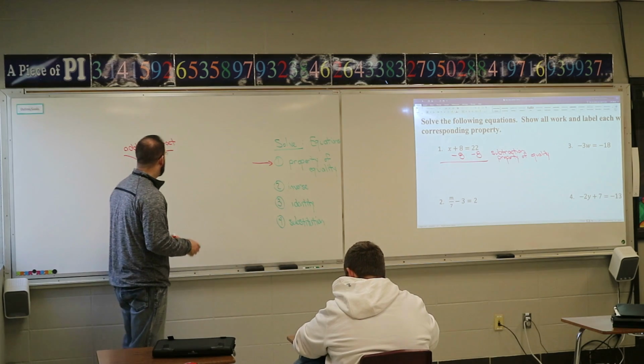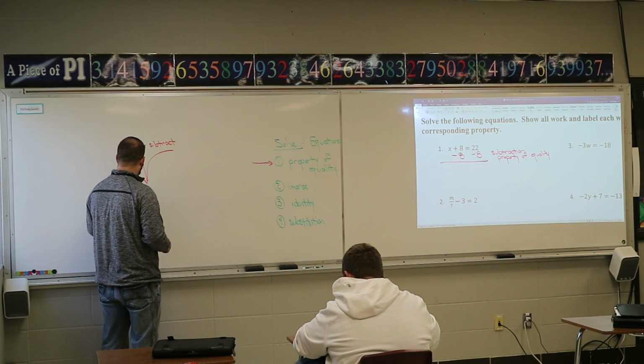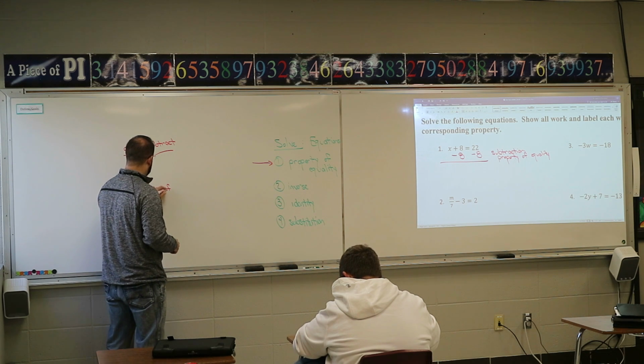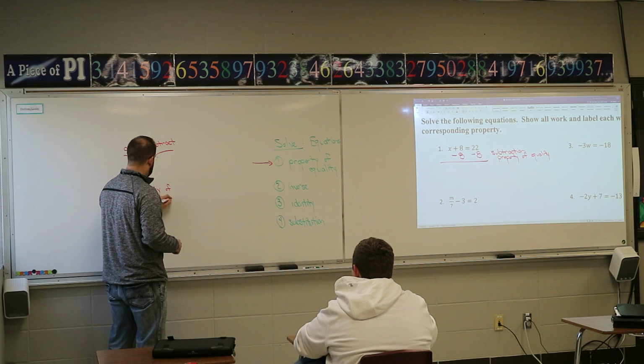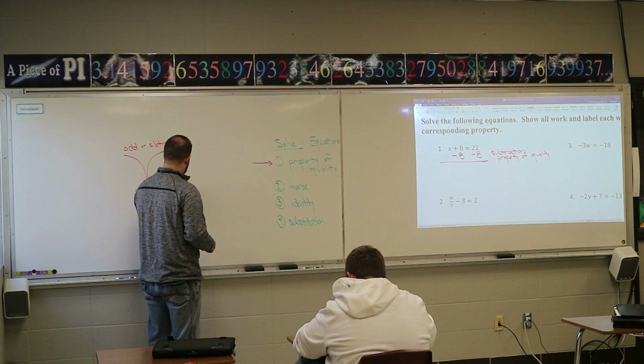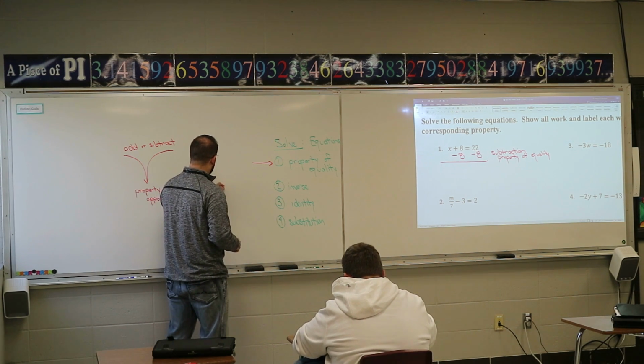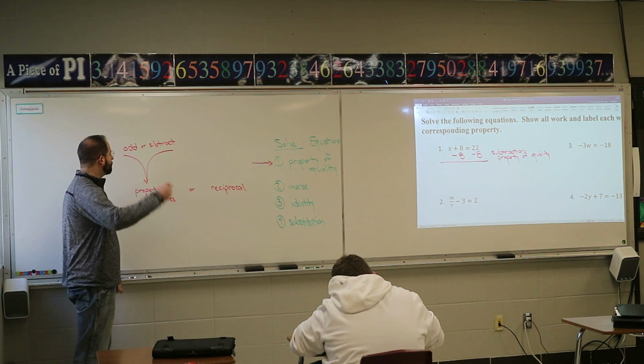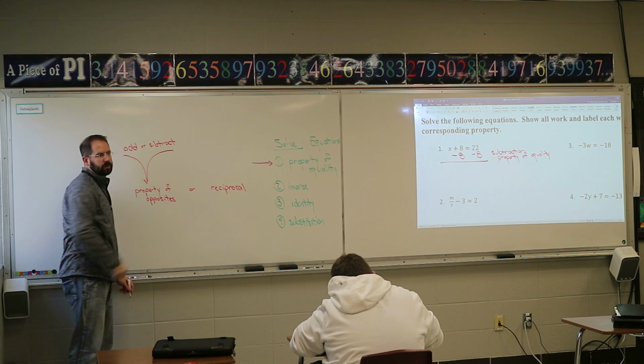There's 2 inverses. There's the property of opposites, or there's the reciprocal property. Well, I wrote these in a very specific way. My next property, if I did add or subtract, it funnels you to this one automatically.